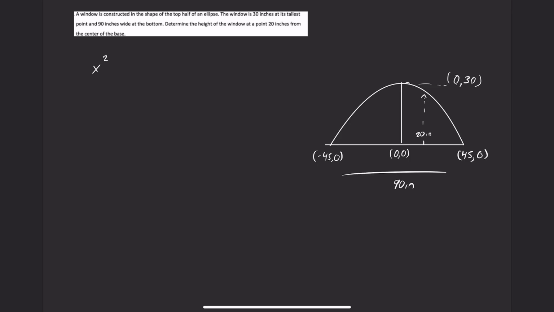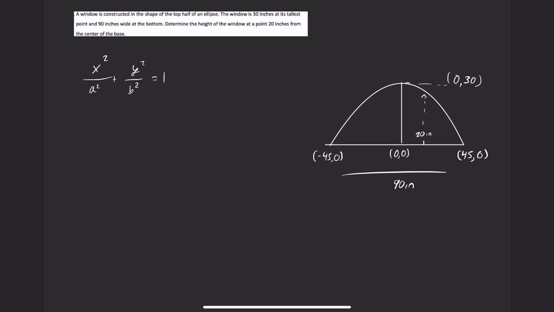Recall that this is the equation of an ellipse in standard form with an ellipse stretched on the x-axis. If it was stretched over the y-axis, instead of having a squared under x, it would be b squared plus y squared over a squared, because a is always greater than b.